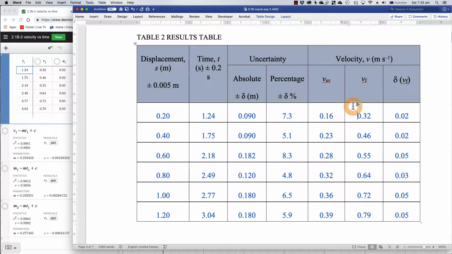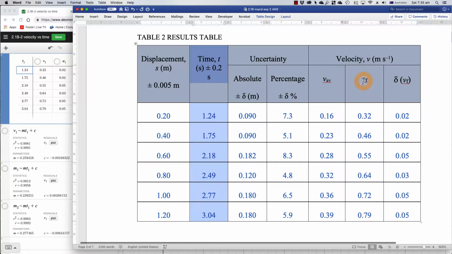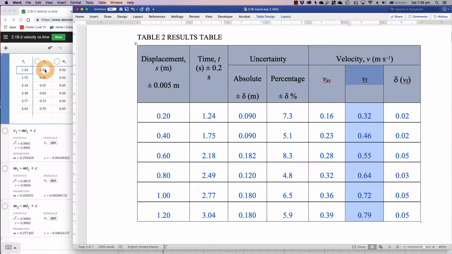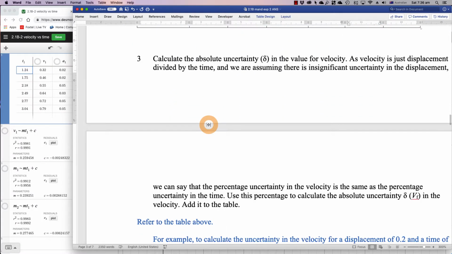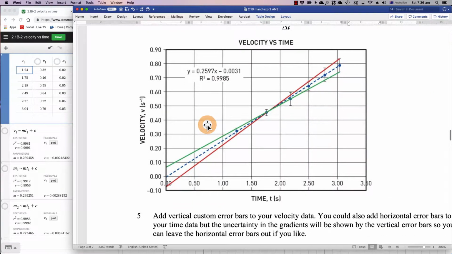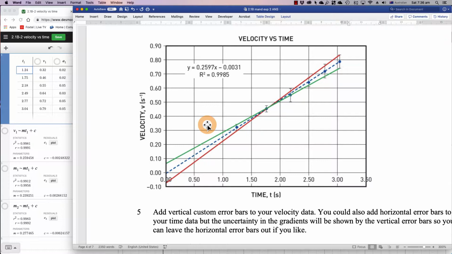So now I'm going to plot my final velocity graph versus my time. Here is my time column in Desmos T1, and my velocity column, the final velocity, is here. Just to show you what my end result will be, let's have a look at this sample and investigate the differences in the 3 lines, because I've got 3 lines of best fit here.